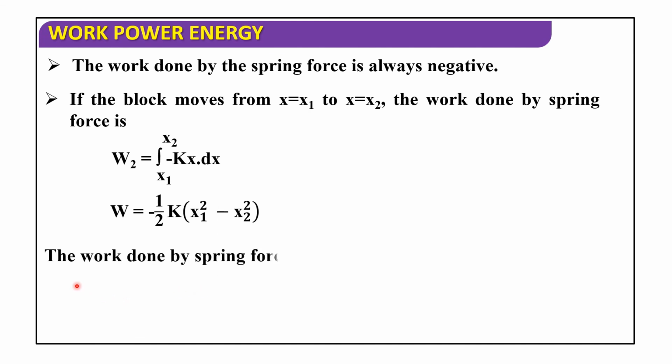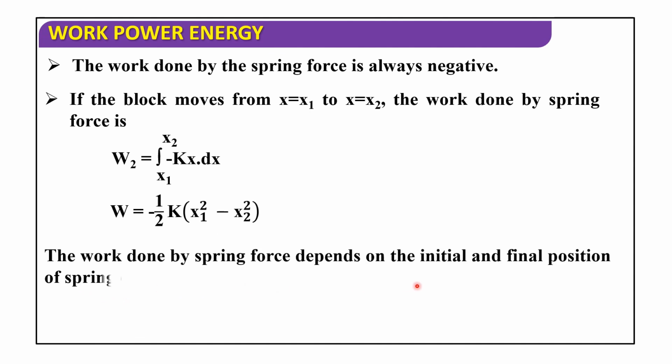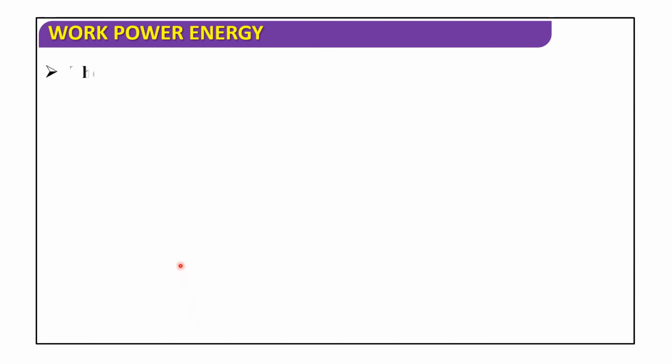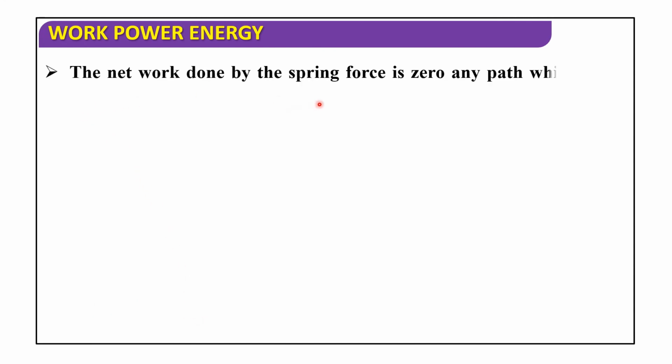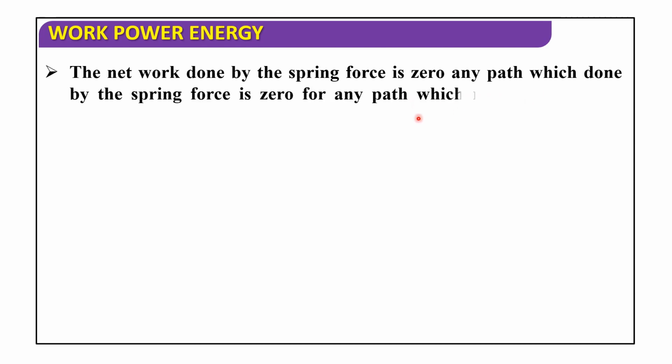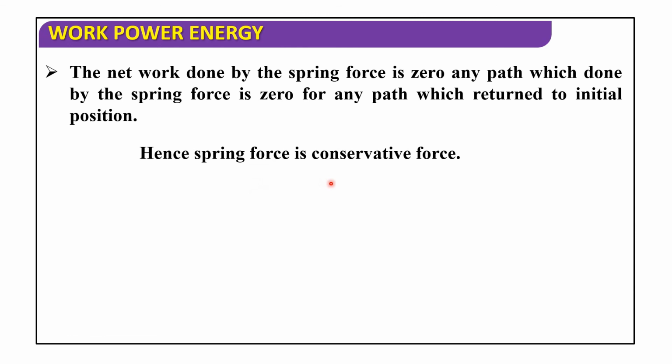So the work done by the spring force depends on the initial and final position of the spring only. Now the net work done by the spring force is 0 for any path which returns to the initial position. Hence, the spring force is a conservative force.